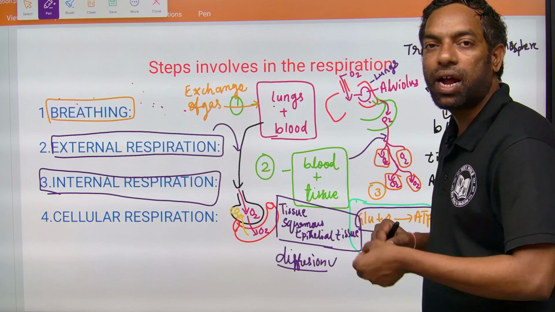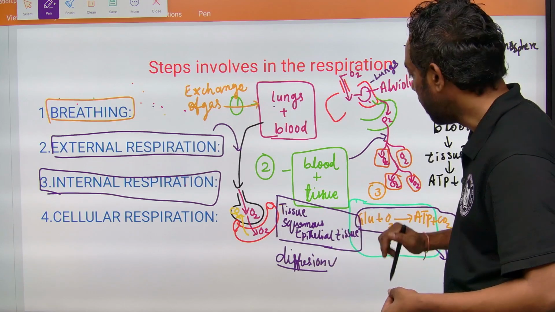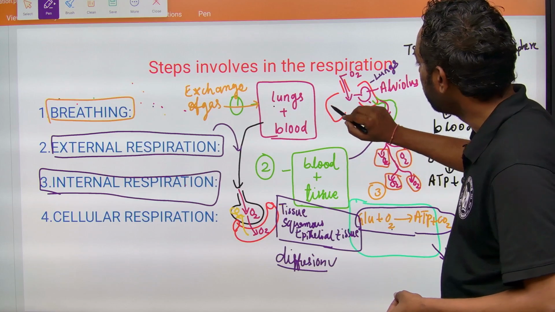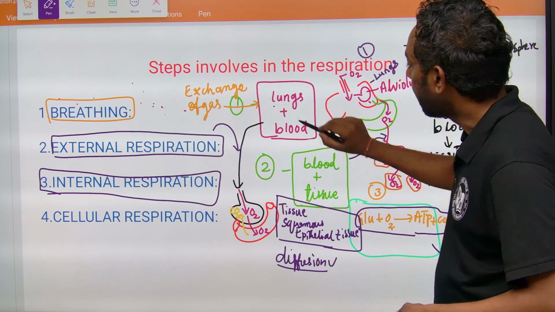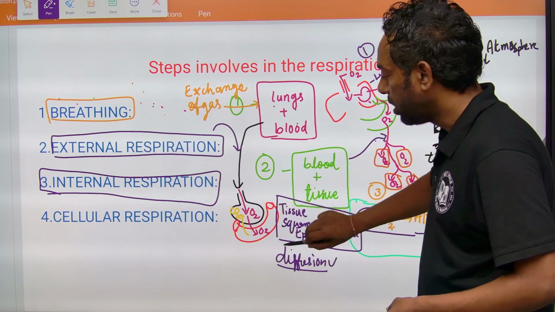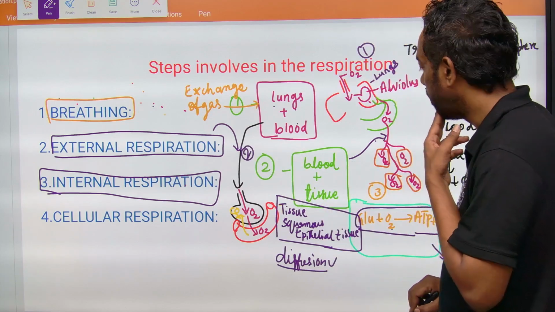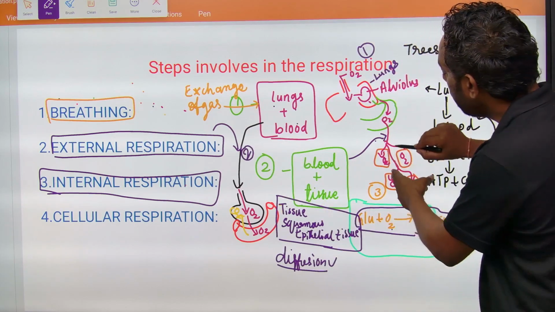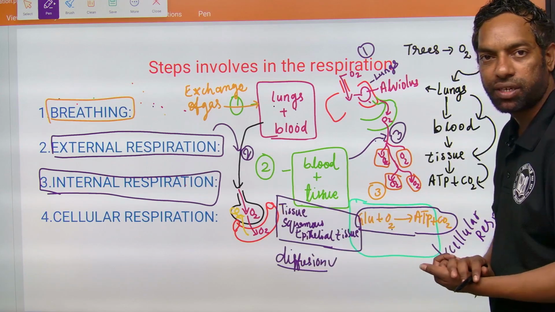Between the tissue and blood there is diffusion, the exchange of gases, called internal respiration. First is breathing, second is between the lungs and blood, called external respiration. From the blood to tissue is the third step, internal respiration.